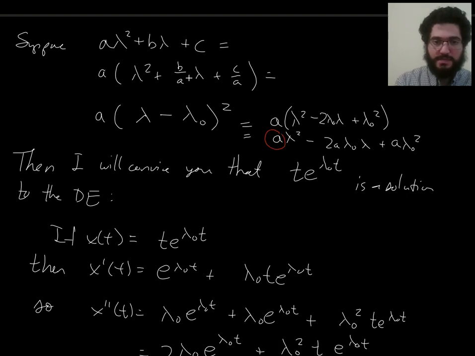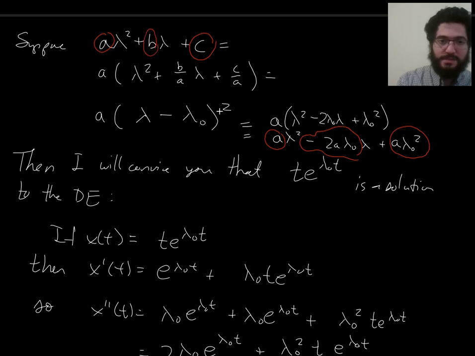So this a has to match up with this a, which it does. And this a lambda naught squared has to match up with this c, so that tells us that a lambda naught squared equals c. And this minus 2a lambda naught has to match up with this b, so that tells us that b equals minus 2a lambda naught.